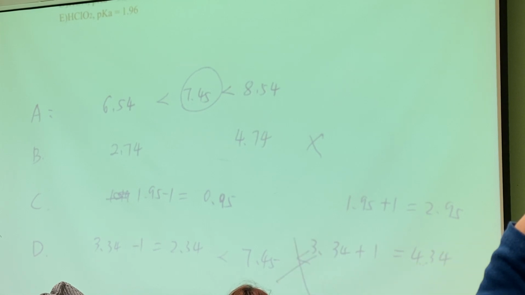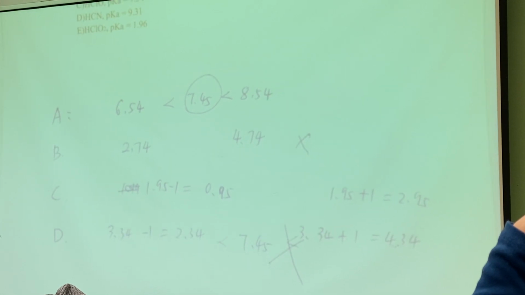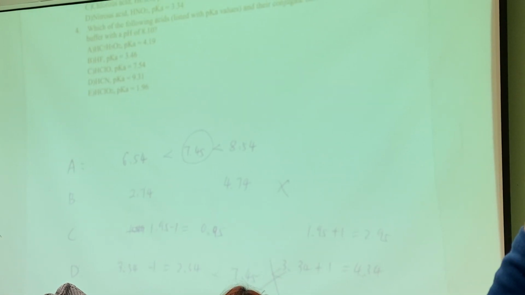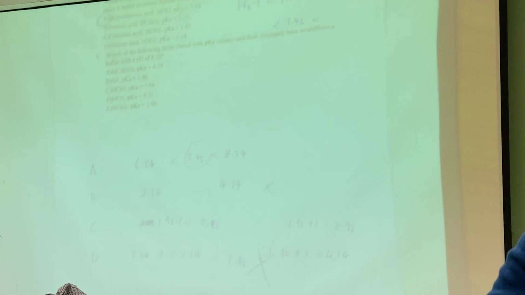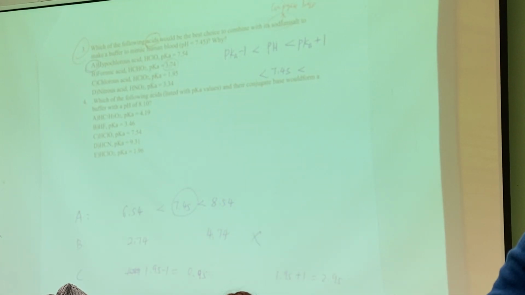So it doesn't satisfy, right? Here 7.45 is even larger than the pKa plus 1. So I cannot pick that one. So A is your only choice. It meets your requirement. That is how to solve this problem.